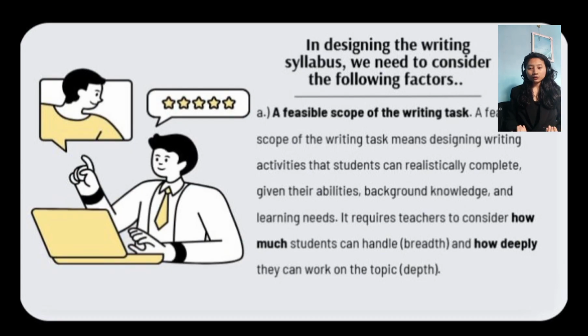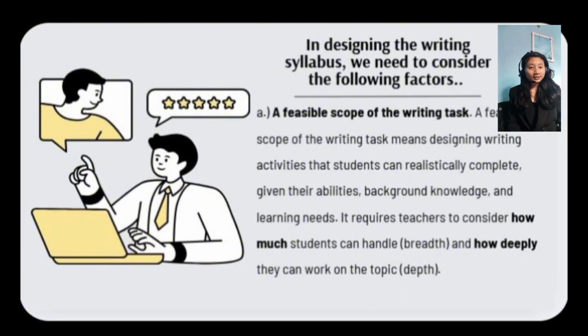For example, for English structure, the teacher should be specific and detailed, from pronunciation to grammar to structure to vocabulary. So the teacher needs to know the feasible scope students need in order to achieve their learning needs.